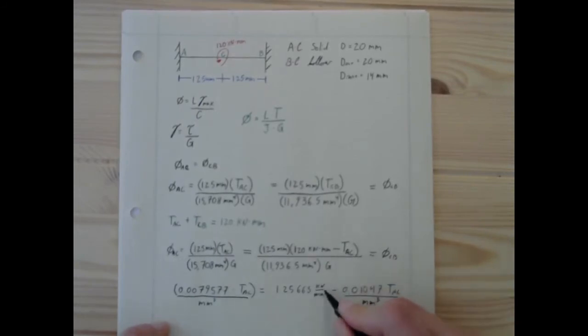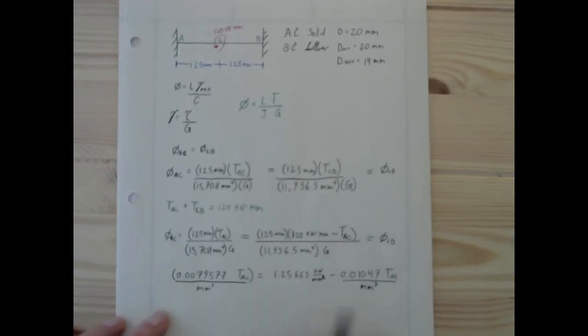Sorry, this should be millimeters squared right there. These are millimeters cubed, because these torques are going to be using moment units. Moment units are, of course, force times length.